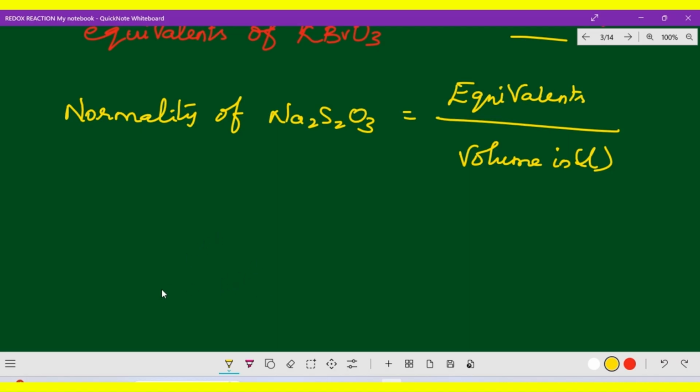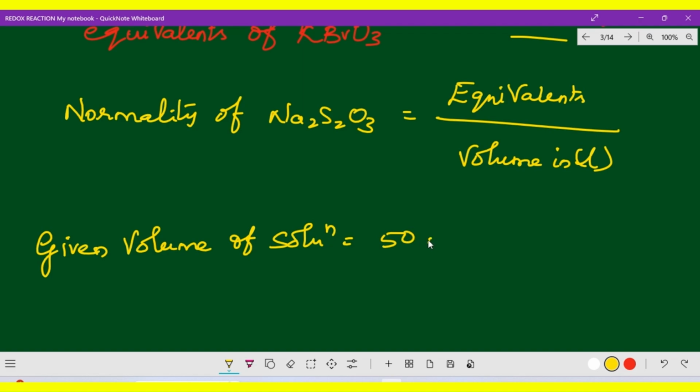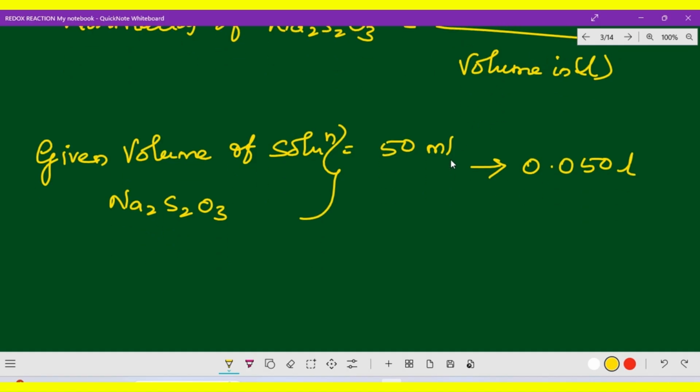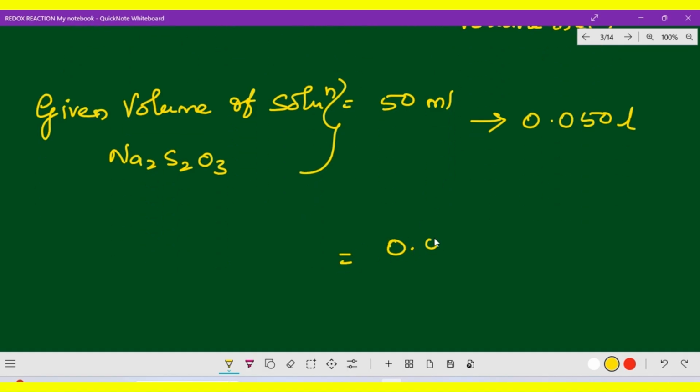The given volume of solution, that is 50 ml, is for sodium thiosulfate only, Na2S2O3. I hope you got that idea. So the conversion into liter is 0.050 liter. Now let us apply the formula: equivalents divided by volume in liter.